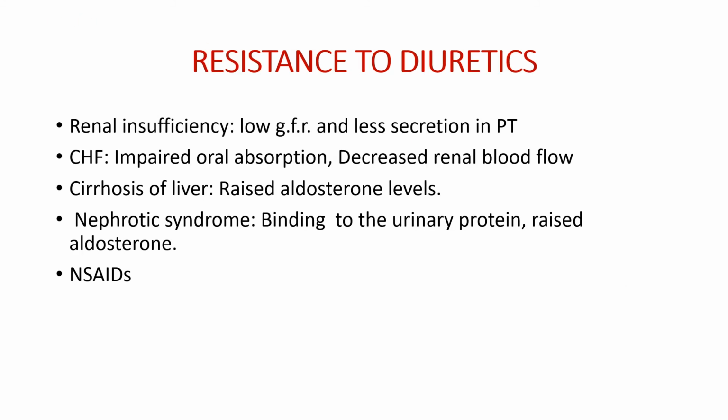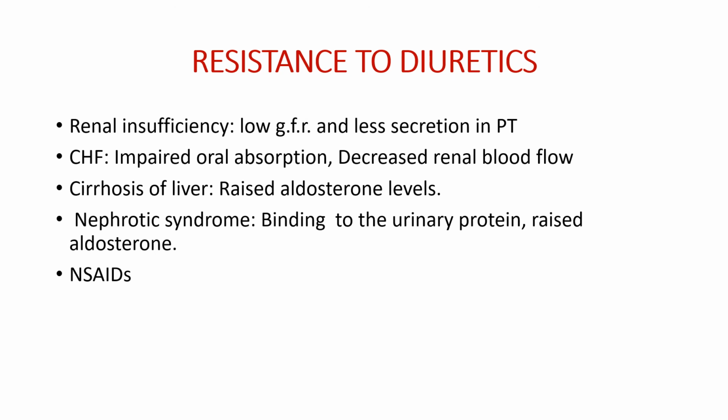Resistance to diuretics can happen after prolonged administration. It can be due to the following reasons. Due to renal insufficiency, because renal insufficiency may lead to low GFR, which again leads to less secretion of diuretics and less action. In congestive heart failure, there will be impaired oral absorption because of mucosal edema, and also decreased renal blood flow, which may lead to a decrease in the efficacy of diuretics.